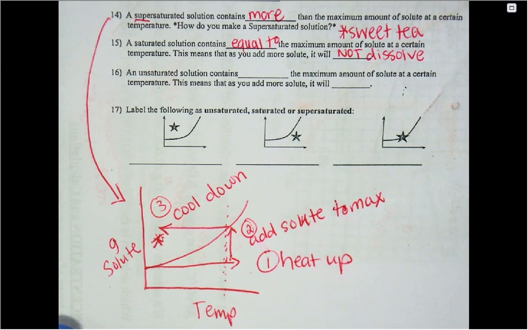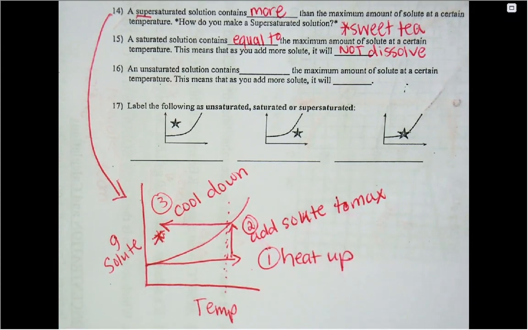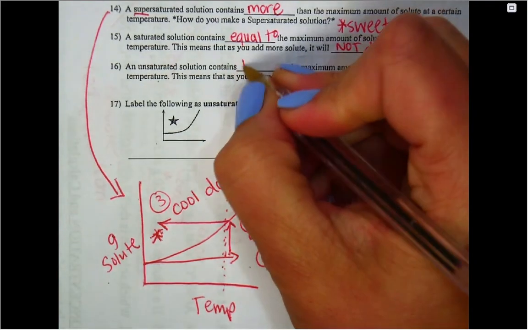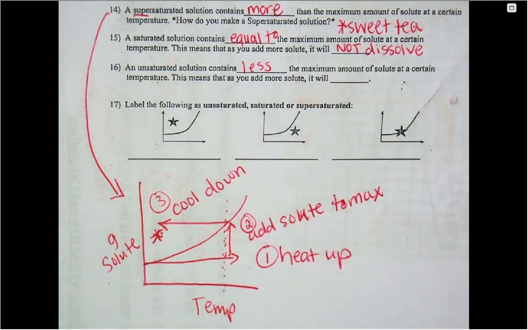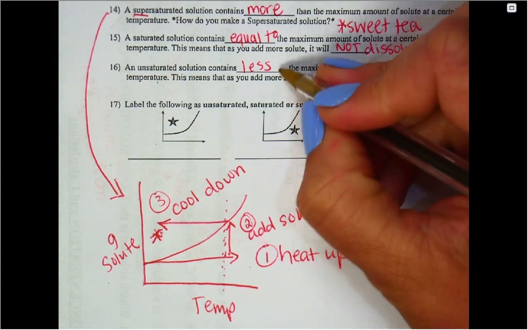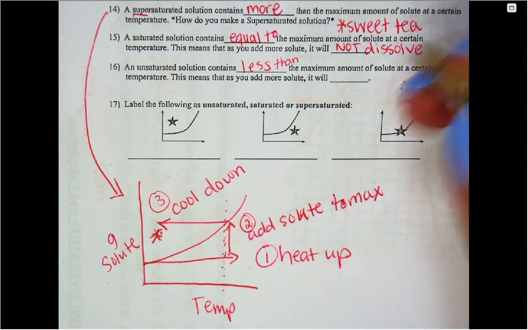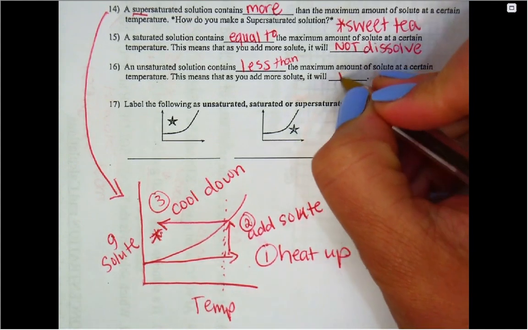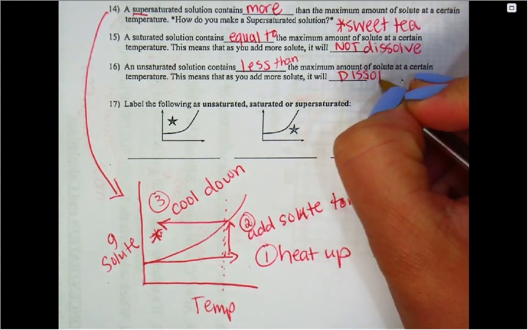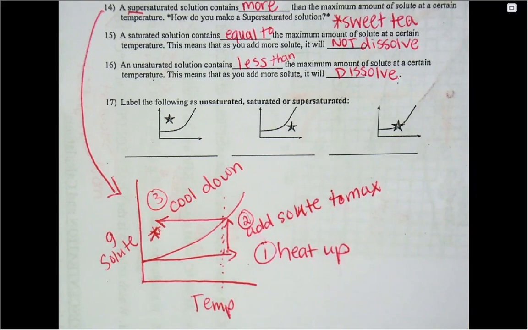An unsaturated solution is something that contains less than the maximum amount of solute at a certain temperature. This means that as you add more solute, it will dissolve. It's not going to fall down to the bottom. It's just going to keep dissolving in the water.